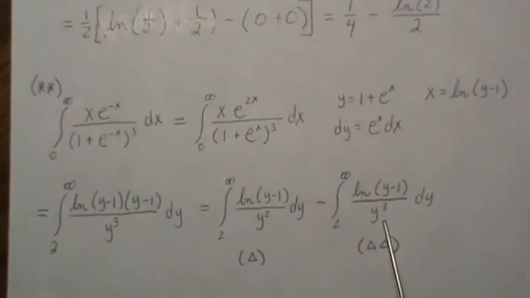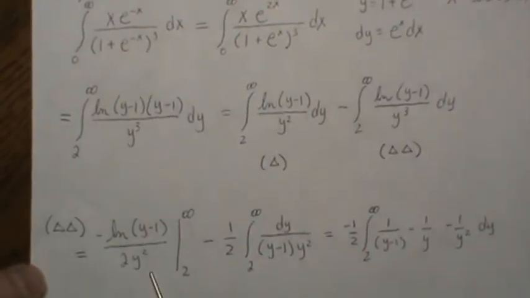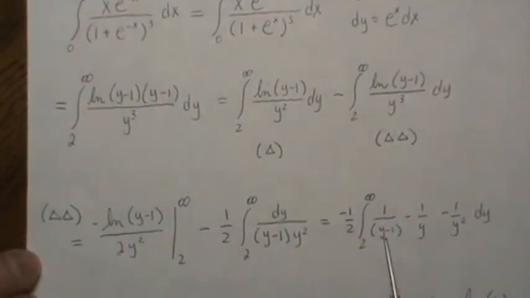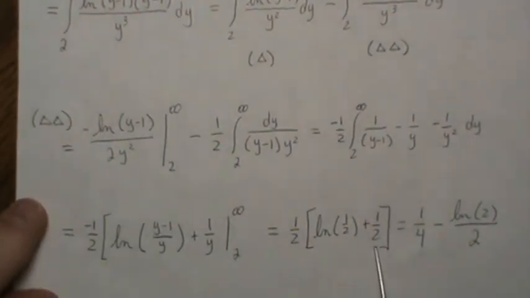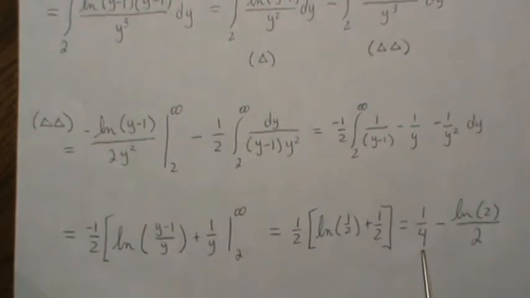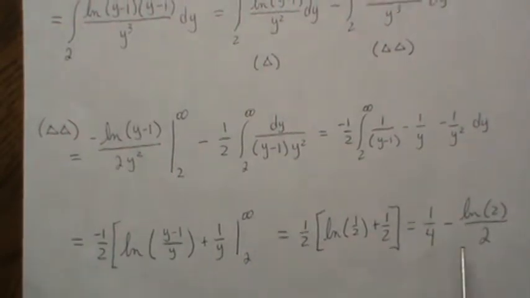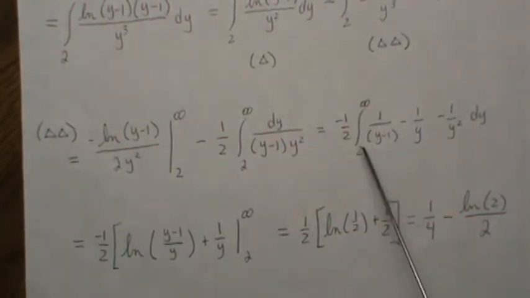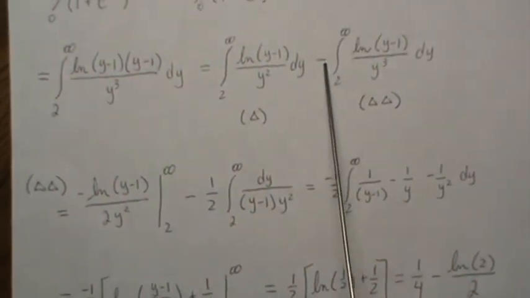So this next derivation, I'm going to just go pretty quickly, and it reduces to this, and that follows exactly what we got before, and we end up with 1/4 minus log 2 over 2. Derivations are 100% the same. Limits of integration are different, and then we're carrying along a minus sign.